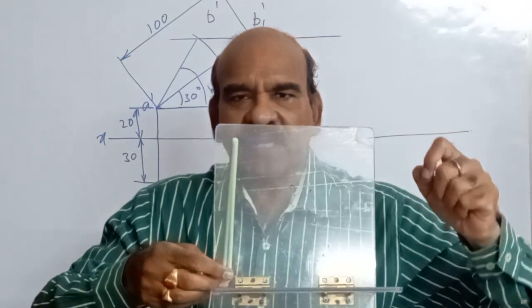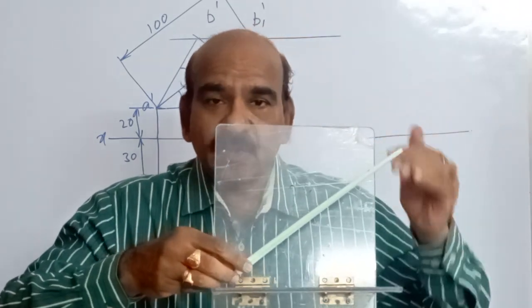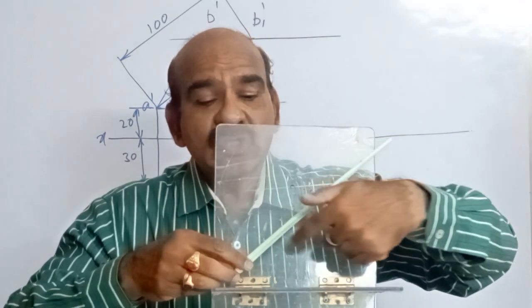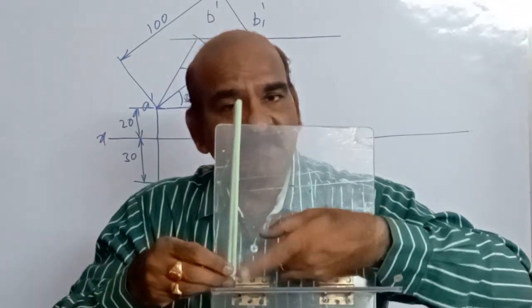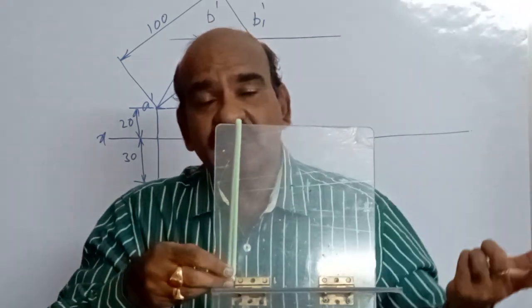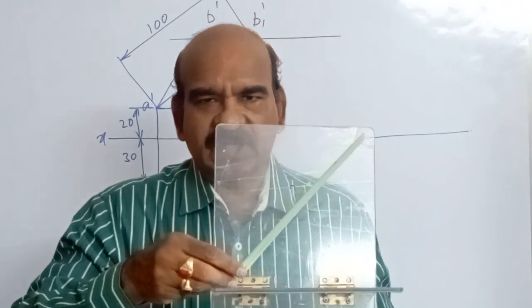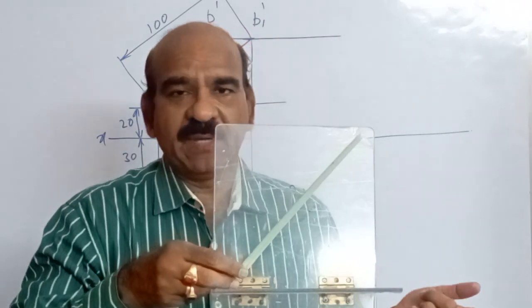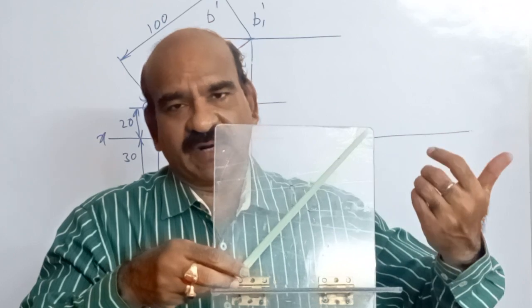So what is happening here? When the line is parallel to VP, then only we see the true length of the line and true inclination. The true inclination is not visible when it is making an angle with the HP and VP. So, in this final position, when the line is making angle with both HP and VP, we are not getting the true inclination in the front view.